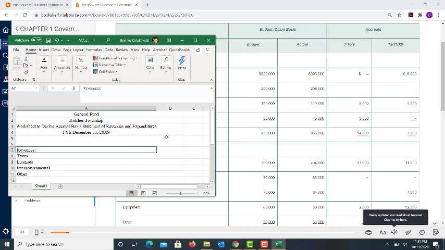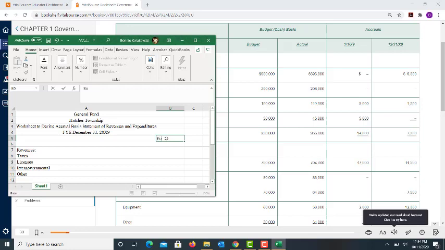From there, you're going to go ahead and add in your budgetary cash basis column. So you're going to go ahead and enter the exact amounts, the actual, right here.